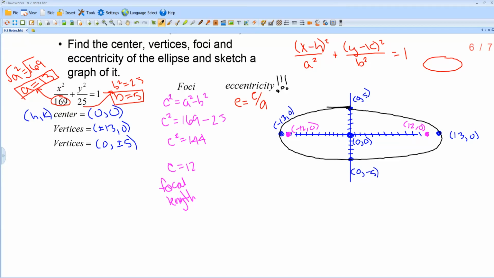So I'm expecting an eccentricity that's sort of close to 1, because close to 0 means it's relatively circular. So e is equal to c over a, c is 12, a is 13. So it's 12/13, which comes out to approximately 0.923. So, pretty ovally.